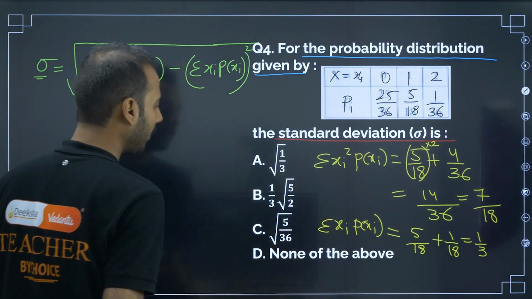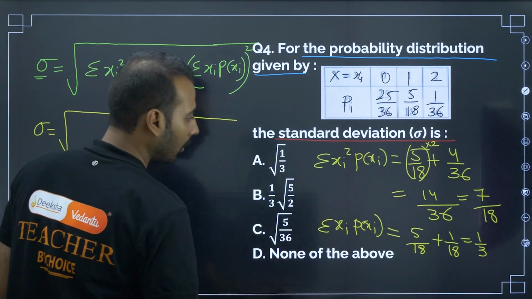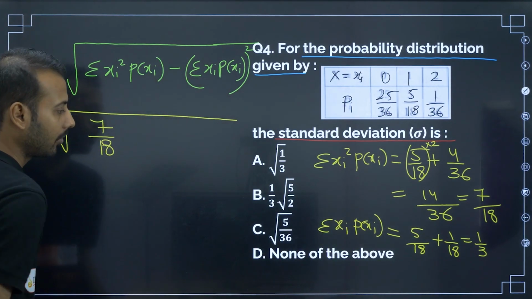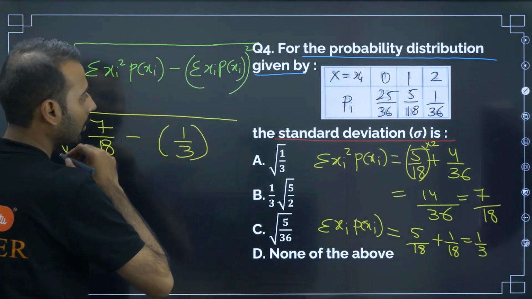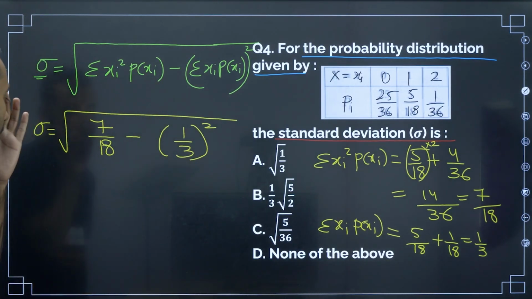Now we square this. Let me substitute: sigma is equal to under root of 7 by 18 minus 1 by 3 square.